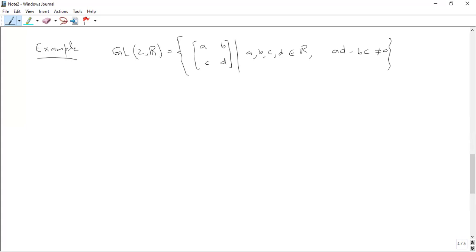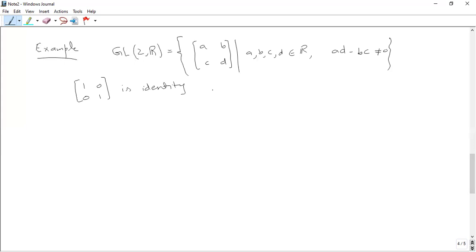Means we have collected all the 2 cross 2 matrices which have non-zero determinant. It means they are invertible and their inverse can be found. So clearly in this group the matrix 1 0 0 1 is the identity, and the inverse of every matrix with non-zero determinant exists.